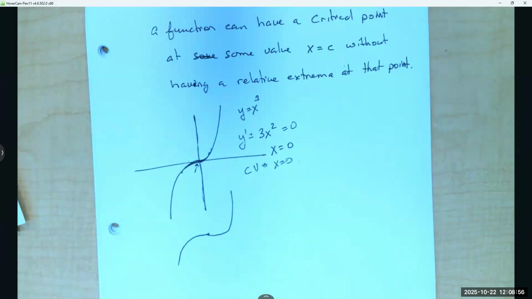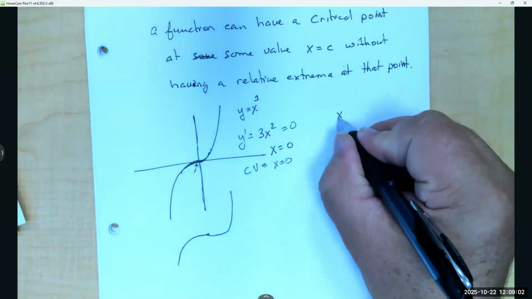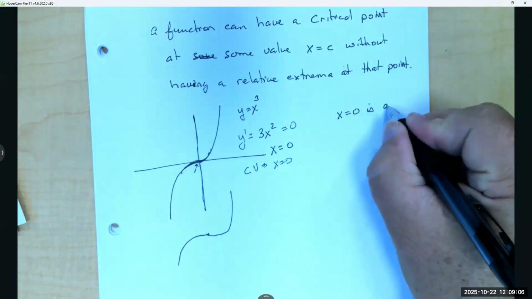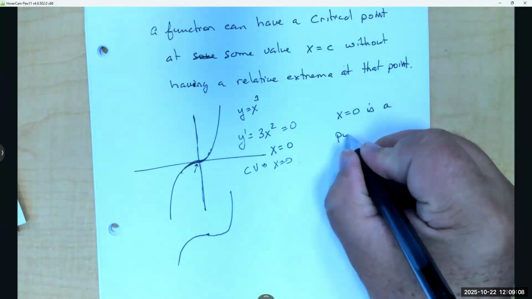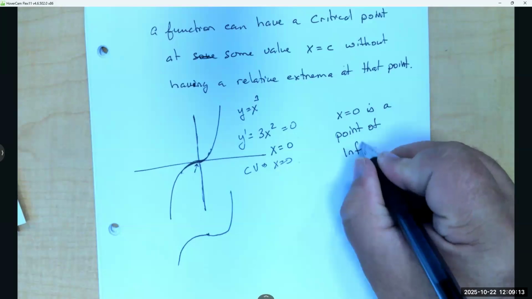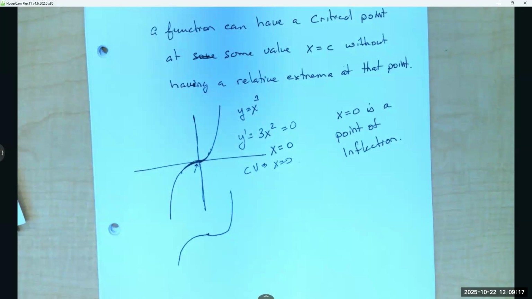But since it's both of them, x equals 0 is what we call a point of inflection. A point of inflection is where the graph has both a maxima and a minima at the same spot.